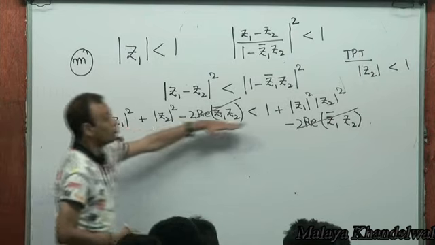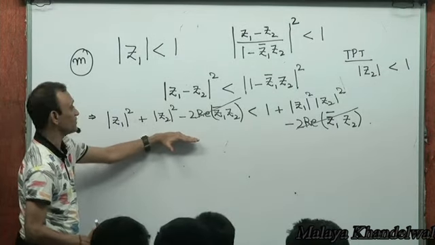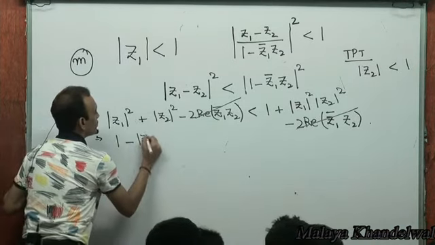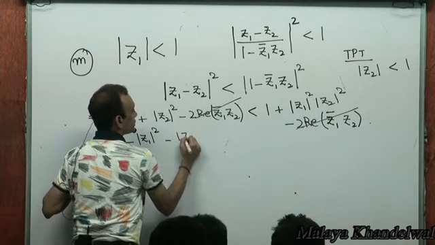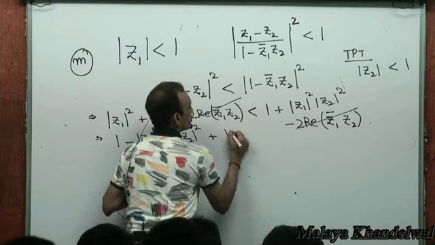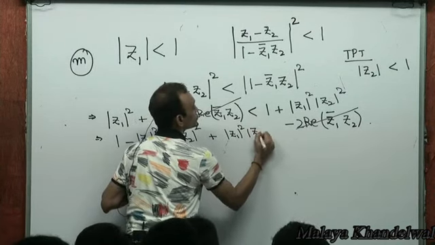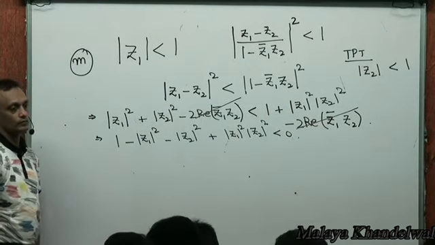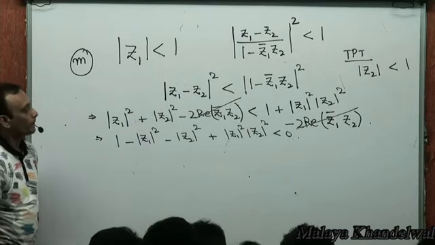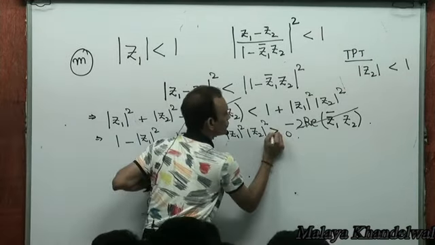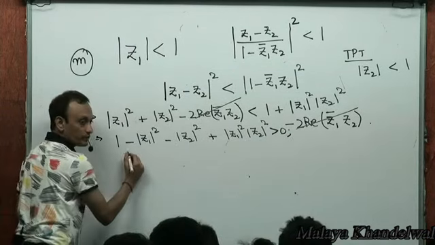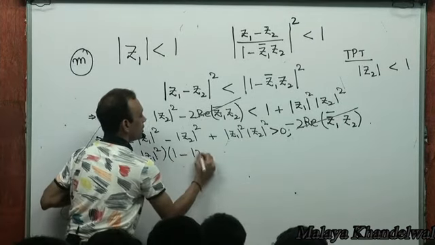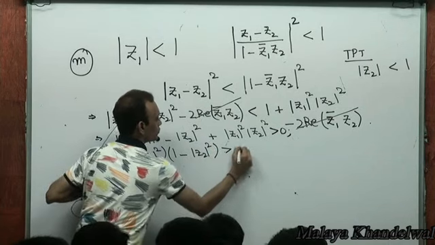And now you transpose everything on one side. So what you can get is 1 minus mod z1 squared minus mod z2 squared plus mod z1 squared into mod z2 squared greater than 0, which would mean 1 minus mod z1 squared into 1 minus mod z2 squared greater than 0.